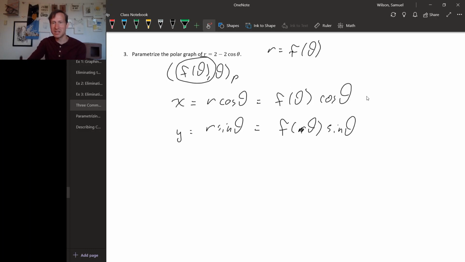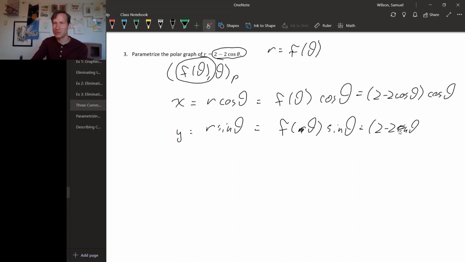Of course, for this particular example, f is right here, 2 minus 2 cosine theta. So x would be 2 minus 2 cosine theta times cosine theta. And for y, we'd get 2 minus 2 cosine theta times sine theta.